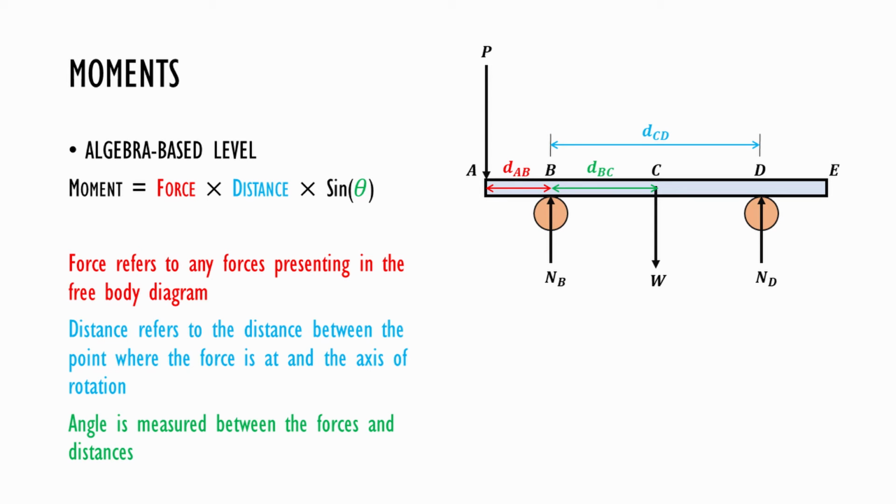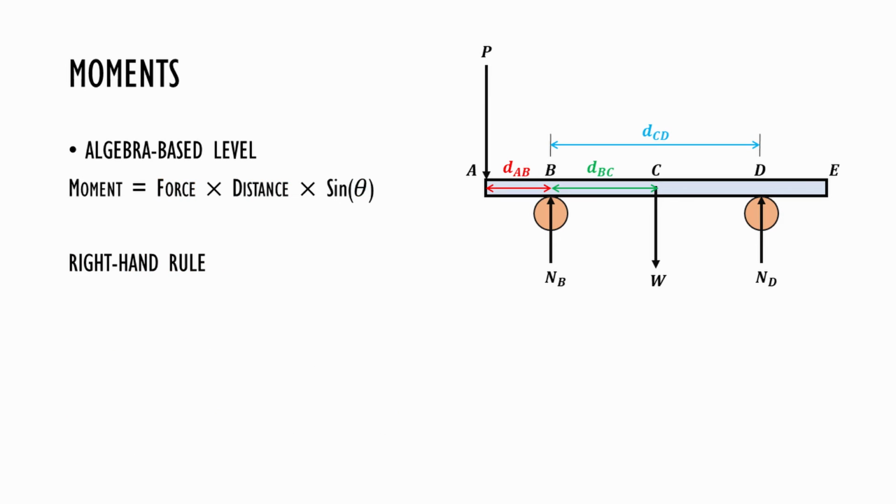Lastly, but not the least, we usually use the right-hand rule to determine the sign of the moment. Let me use applied force P to demonstrate the right-hand rule. Here is my right hand. Make sure all fingers are pointing in the direction of the force P, and the palm is facing the point of rotation.